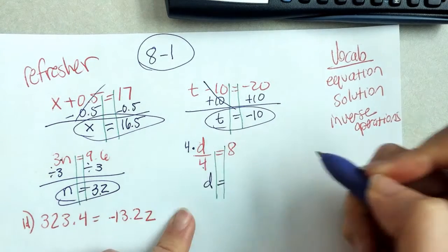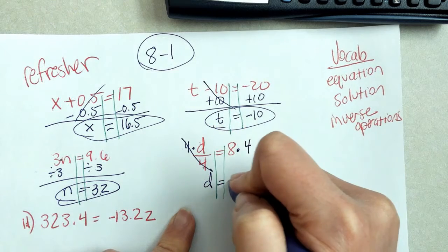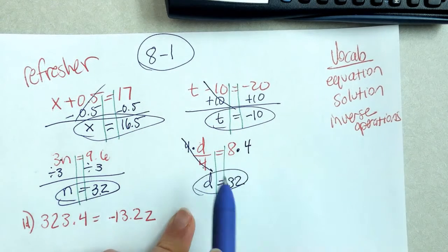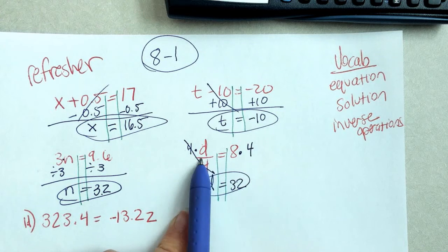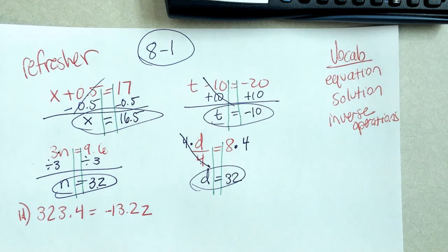If I multiply by 4 on this side, I have to multiply by 4 on that side. And 8 times 4 is 32. Again, I could double check this by typing in 32 divided by 4 and see if it equals 8, and it would. So that's all review from last year.